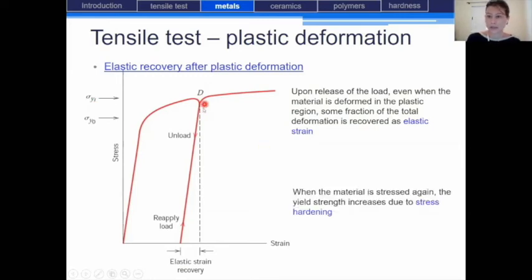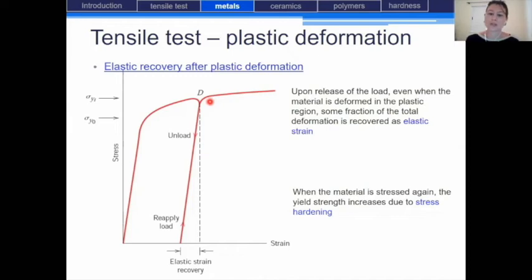It says that, in fact, in order to enter again in the plastic regime, the load to be applied to the material is higher than the initial stress that was necessary for the sample to enter into the plastic regime. So in other words, I can say that when the material is stressed again, the yield strength increases, and this is due to a specific phenomenon that we encounter in metals, that is strain hardening.